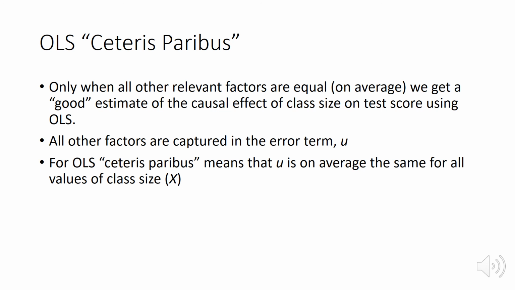For our regression, all else being equal means that for any value of class size, we have, on average, the same value of this other stuff. So what do you guys think about that assumption?